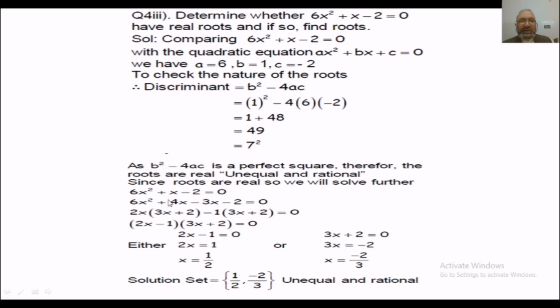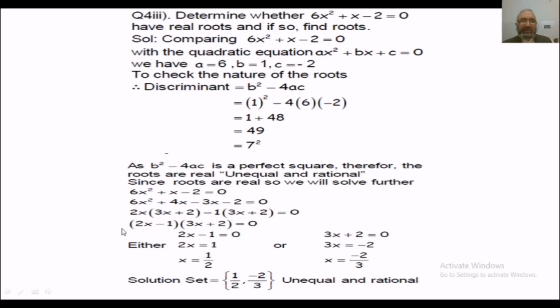6x square, and split plus x into 2 factors, plus 4 minus 3. If we add, we get plus 1. If we multiply, 4 times 3 is minus 12. That is the product of a and c, the coefficient of x square and the constant term, 6 times minus 2 is minus 12. So splitting that into 2, 6x square plus 4x minus 3x minus 2 is equal to 0.